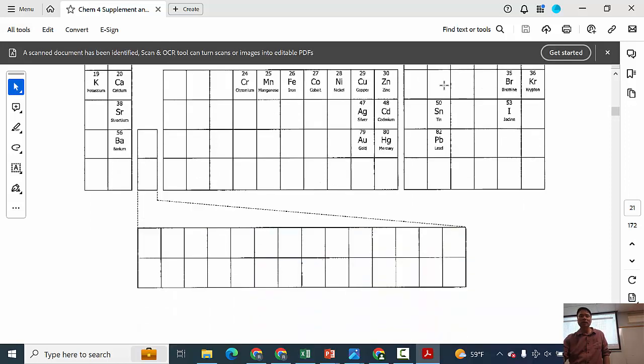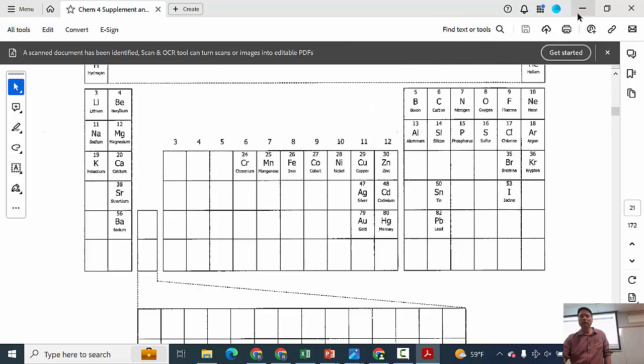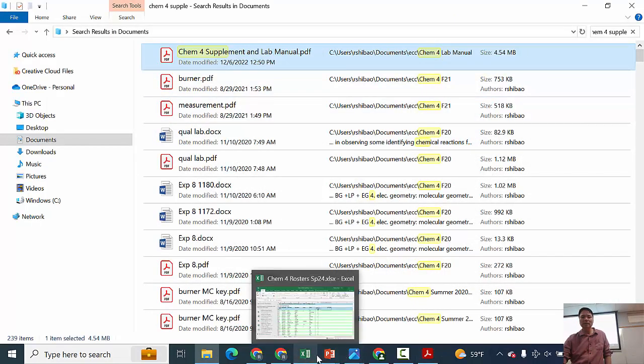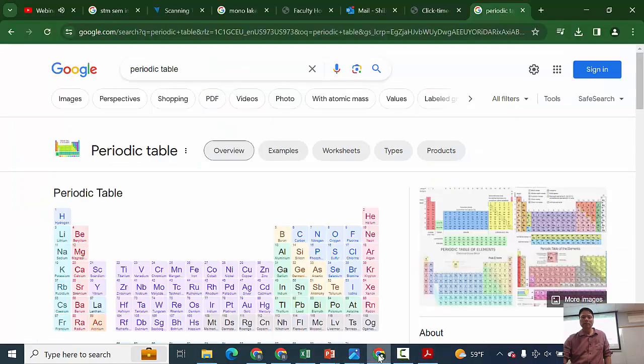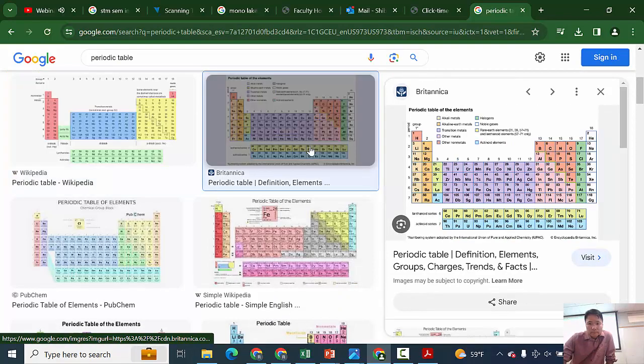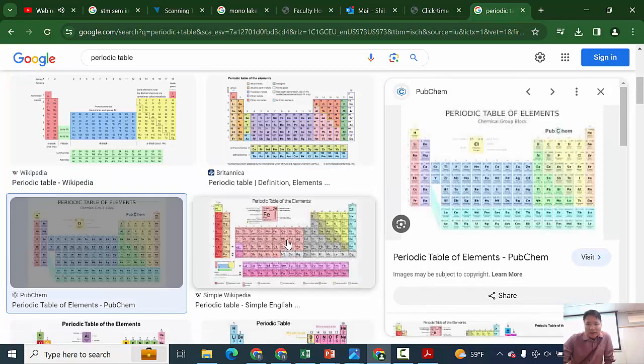The Roman numeral scheme is much more useful for us. And so you should know the Roman numeral scheme. It's pretty easy to figure out. So this periodic table doesn't have it, so it's missing it. This one doesn't have it. This one doesn't have it.